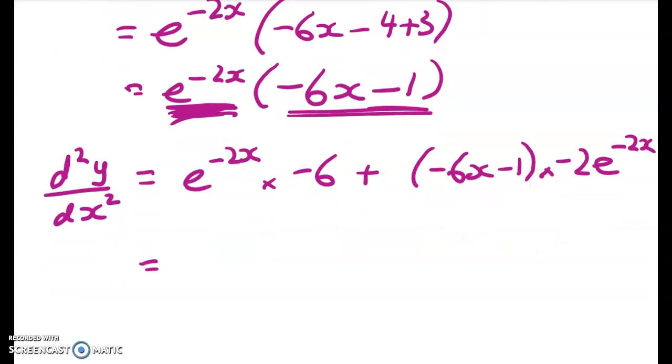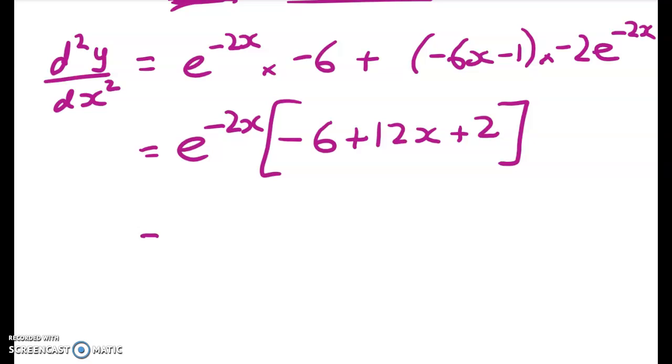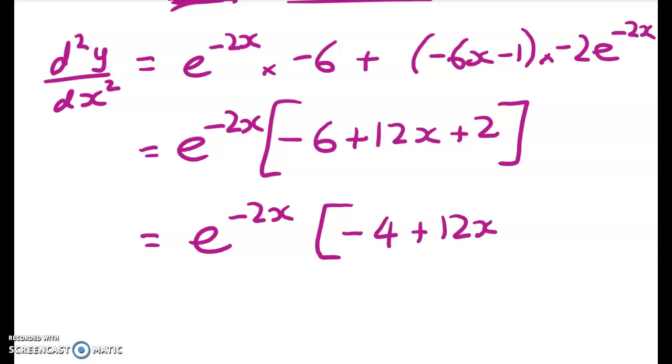So cleaning up again, we've got a common factor of e to the negative 2x times negative 6 plus 12x plus 2, which leaves me with e to the negative 2x times negative 4 plus 12x.